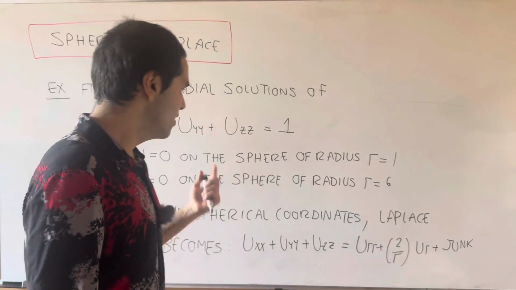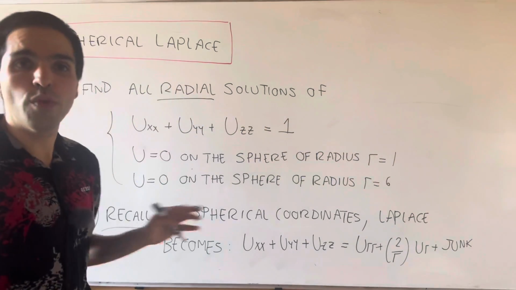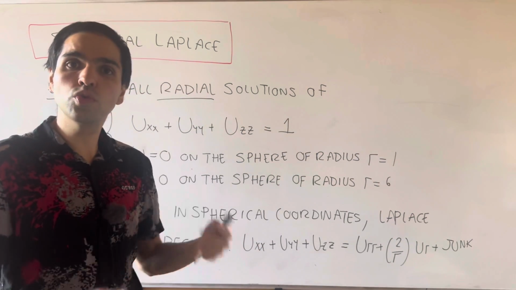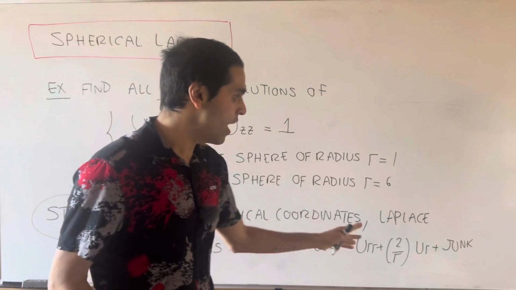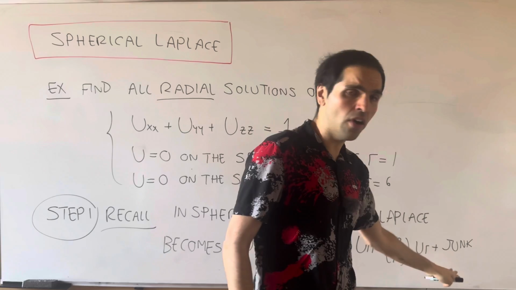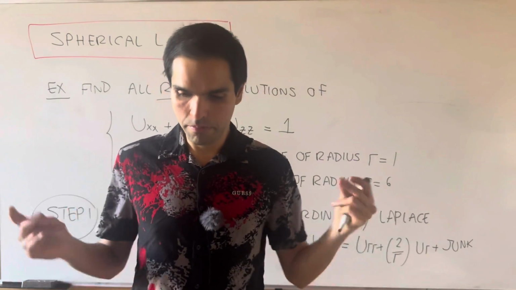Now, the cool thing is, if you look for radial solutions, so solutions only depending on r, then all the angular derivatives are 0, and in particular, that junk term becomes 0.